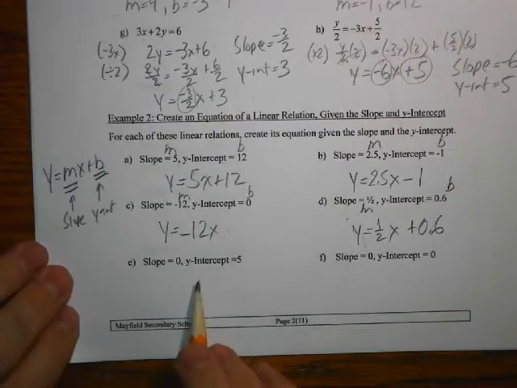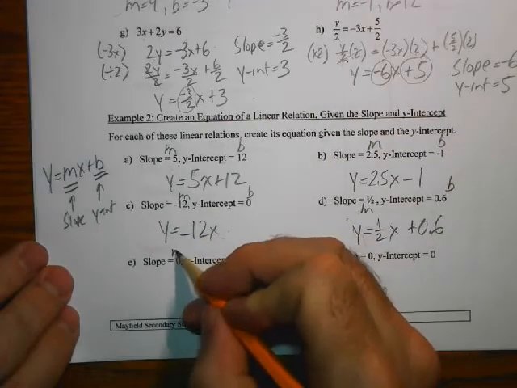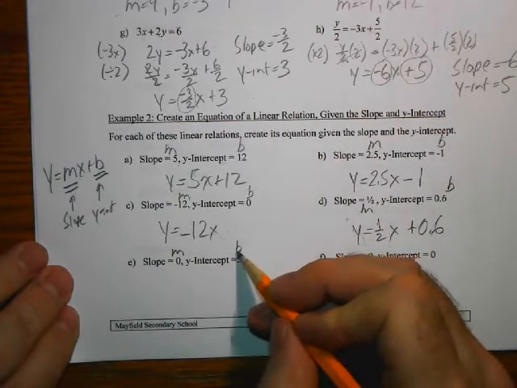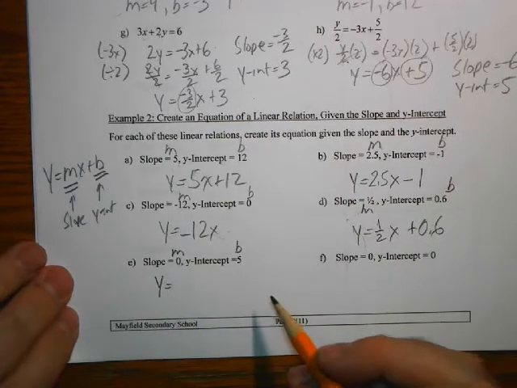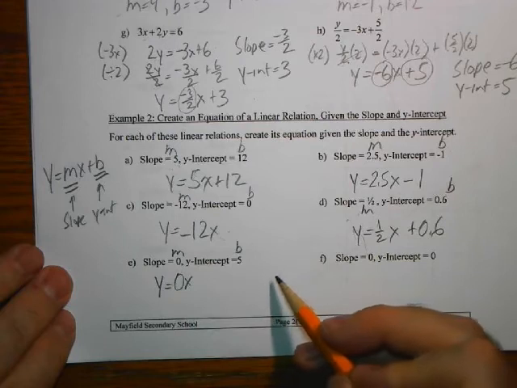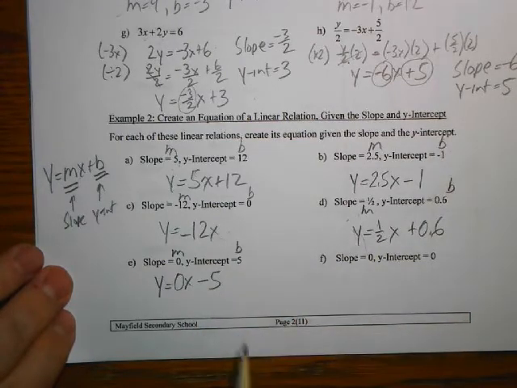Okay, this one gets a little interesting. The last two we have slope of 0. So this one's slope of 0, y-intercept of -5, that's b. So it's going to be y equals mx, so that would be 0x plus -5, which is the same as -5. Now, 0 times anything is still 0. So this is kind of like adding 0, which we had up here, which we ignored.